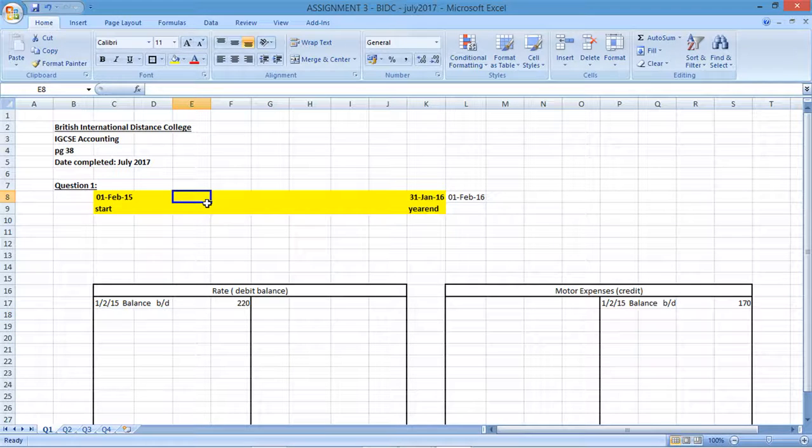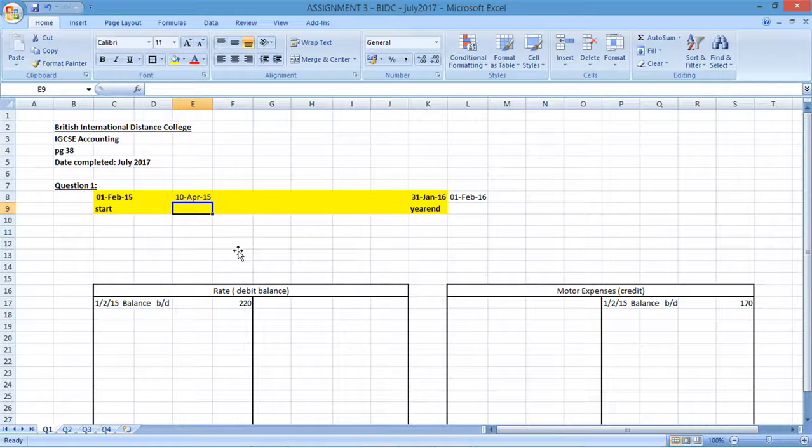So 10 April 2015 would have been during the year. 10 April 2015, Paul paid 1,800 by check for rates, paid for rates.